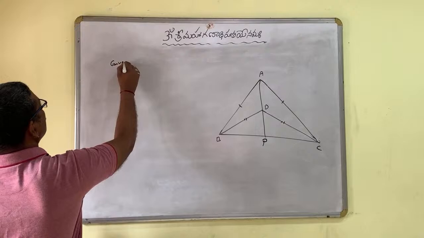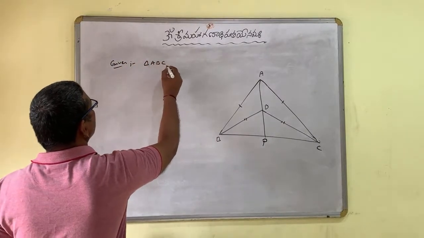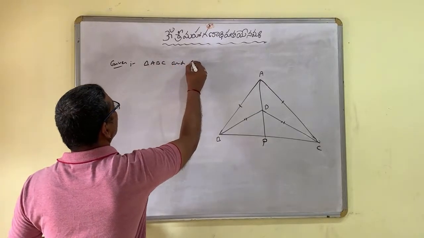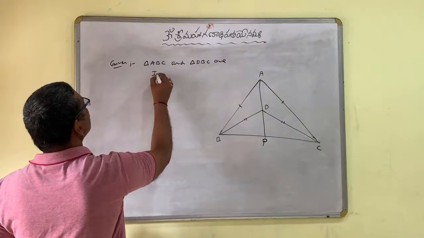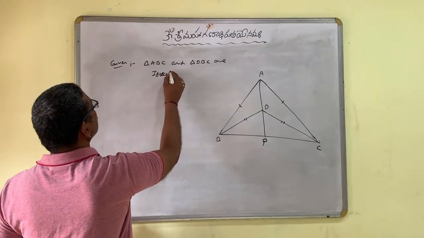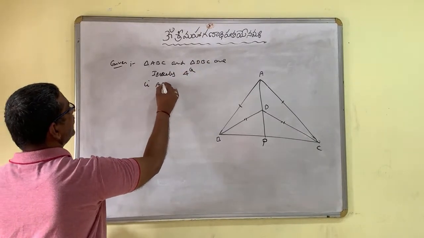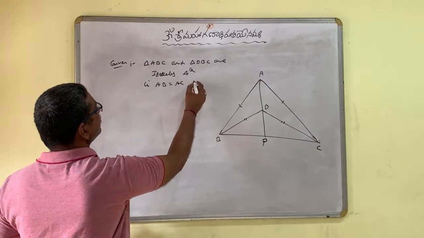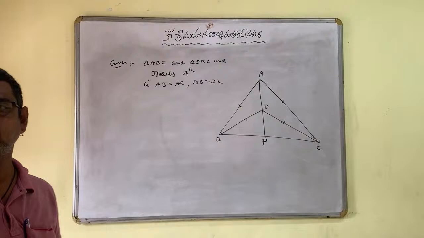Given: triangle ABC and triangle DBC are isosceles triangles. That is, AB is equal to AC, DB is equal to DC. This is given.